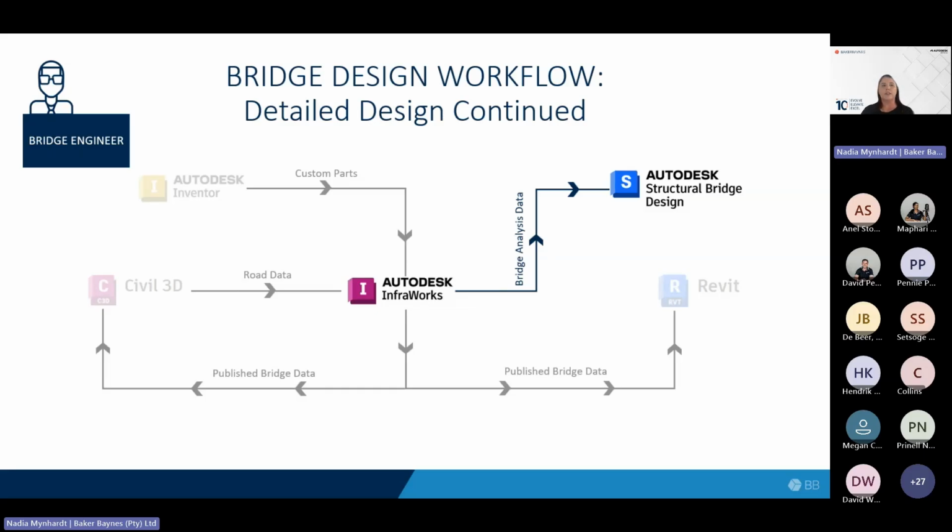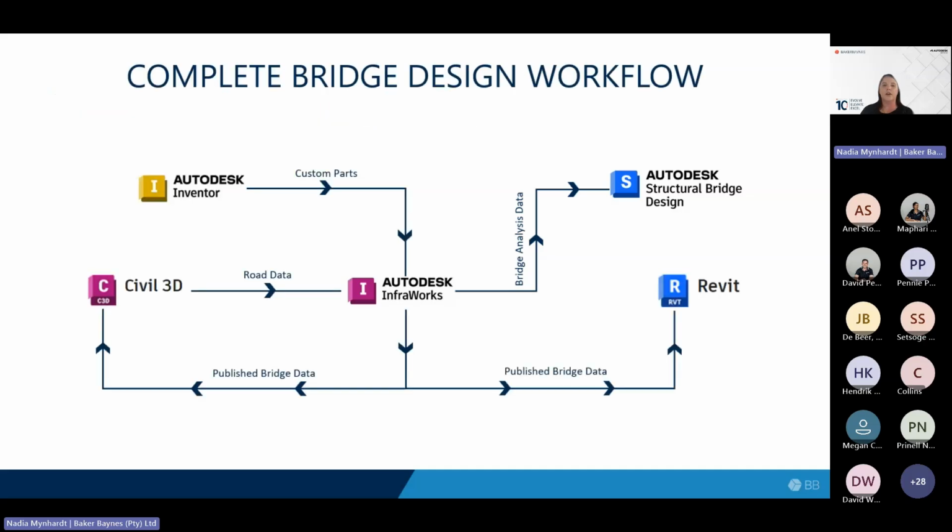So that can also be published into the structural bridge design tool. This is where the bridge engineer will run the analysis, all those analysis methods that I showed you earlier, and then he can design the bridge as well. Then he will communicate this back to the rest of the team. Maybe there are some changes that need to be made.